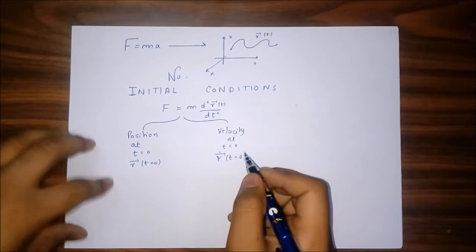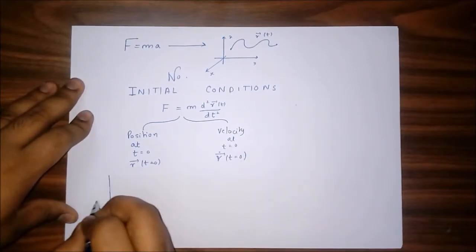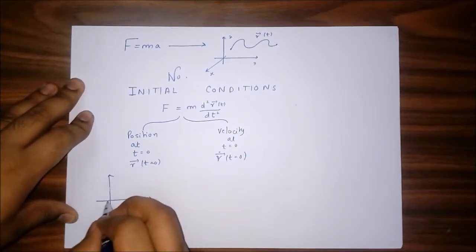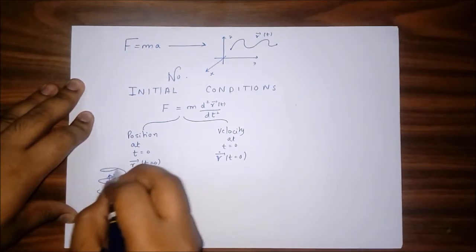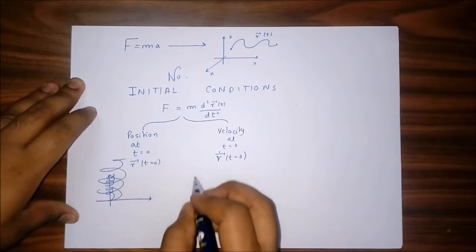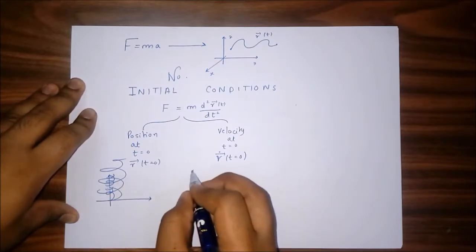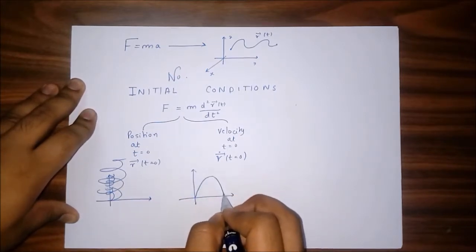Different initial conditions can lead to very different trajectories, like here in a magnetic field, and here we get a parabola with different angles and different velocities.